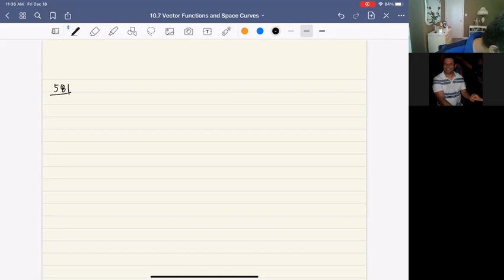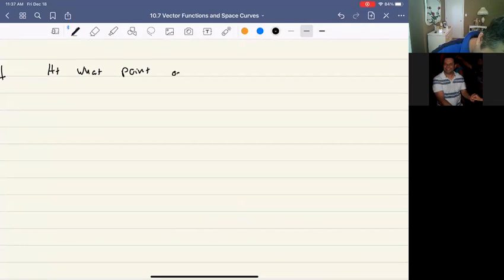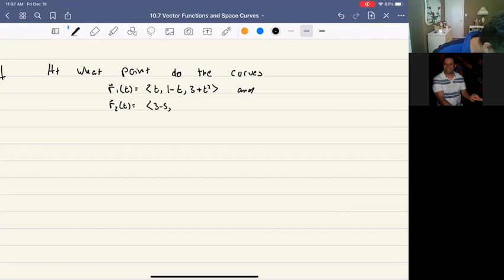Okay, and we have, at what points do the curves r1 of t equaling t, 1 minus t, 3 plus t squared and r2 of t equals 3 minus s, s minus 2, and s squared intersect. And then find the angle of intersection.